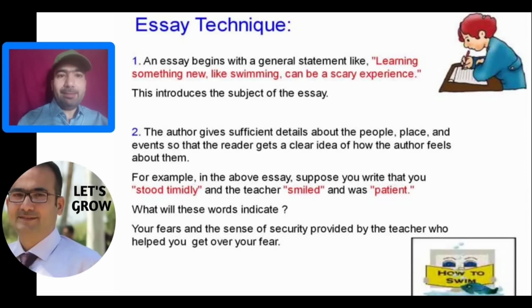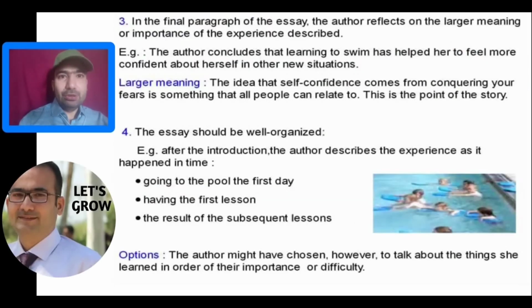Now, what is happening here? These are the words which are creating effect. What will these words indicate? Your fears and the sense of security provided by the teacher who helped you to get over your fear. So this is what the techniques should be used.